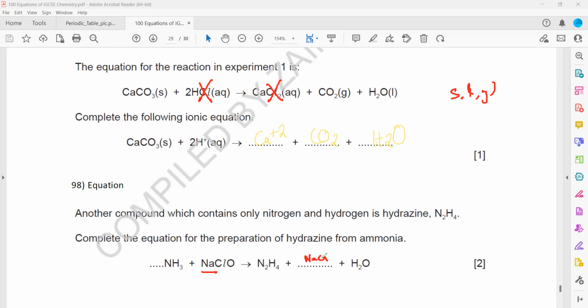Then balance the equation. Nitrogen, how many nitrogen are there? 2. So there should be 2 nitrogen. So we just put 2. So nitrogen is also balanced. And hydrogen 4 plus 2, 6. So it's 6. How do we work out that NaCl is missing? The compound contained nitrogen, hydrogen, oxygen were there. So the only thing which is not there is NaCl.